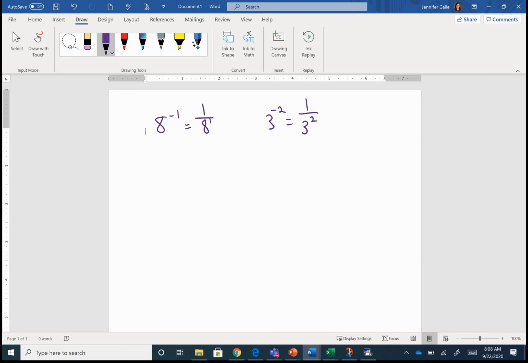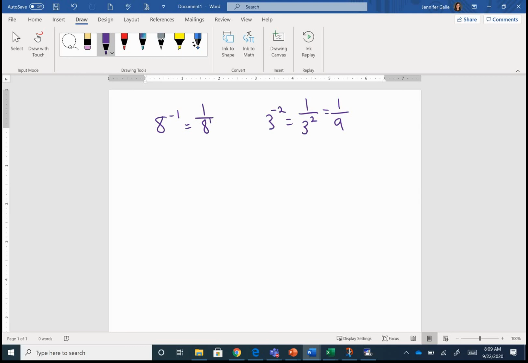And then once you had this on your board, a lot of you I asked, okay, can you take it one step further for me? I asked you, what is 3 to the second? Some of you grabbed a calculator. Some of you knew it off the top of your head. 3 to the second is 3 times 3, which is 9. The 9 stays in the bottom. Okay? All right, let's keep rolling with this.